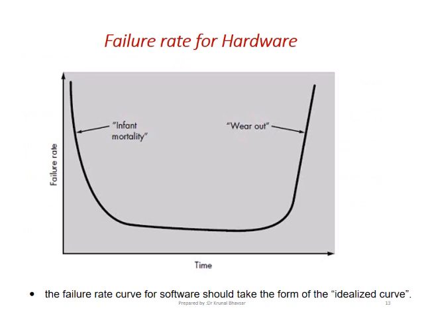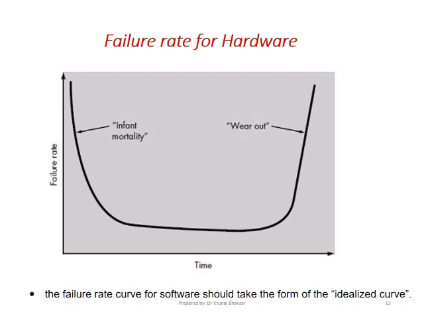A failure rate for hardware. This is the failure rate curve for hardware, and the software curve should be taken from the idealized curve. Basically on the y-axis the failure rates are there, and on the x-axis the time. Now let's check this curve. First of all, whenever we purchase any system, at that time the system is definitely fine.